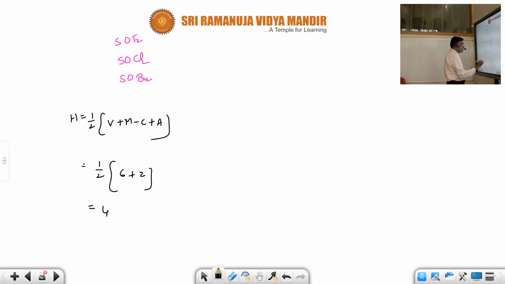It comes out to be 4. Out of 4, 3 are bond pairs, so 1 lone pair. So it is a pyramidal structure, with O and Cl like this. This is SOCl2.